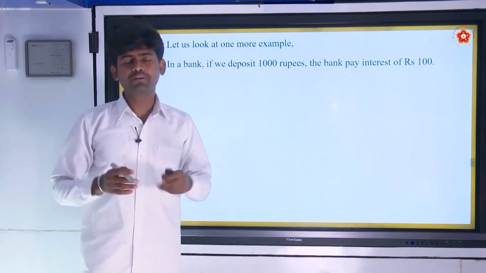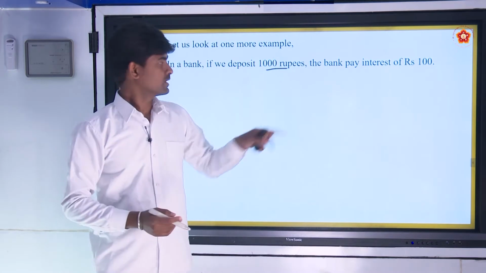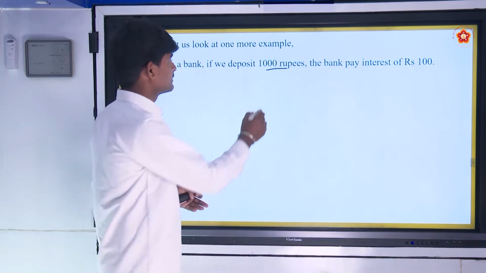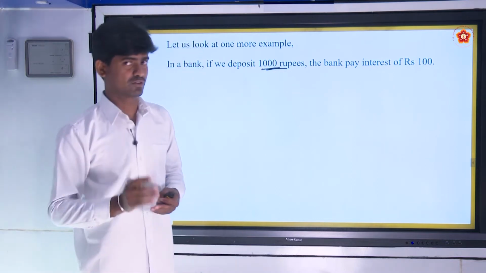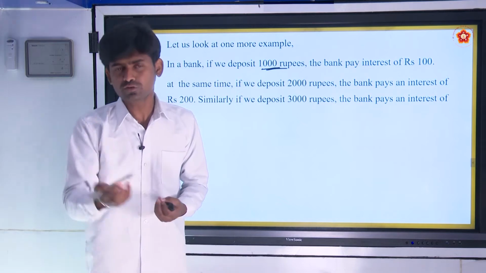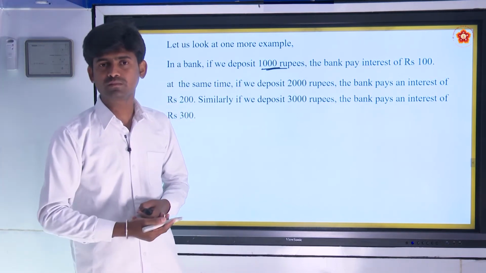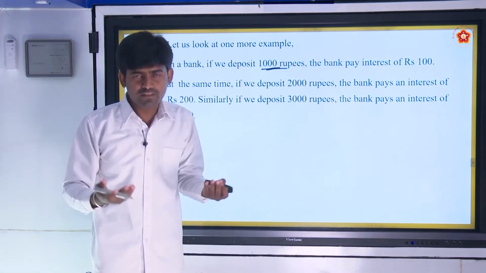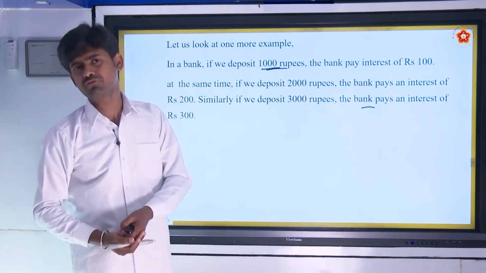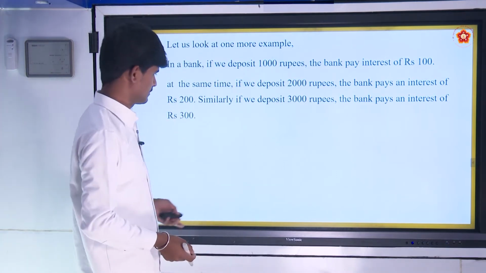In a bank, if I deposit 1000 rupees, the bank pays an interest of 100 rupees. If I deposit 2000 rupees, the bank pays an interest of 200 rupees. If I deposit 3000 rupees, the bank pays an interest of 300 rupees. You can tabulate that too.